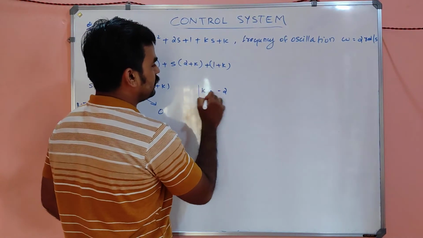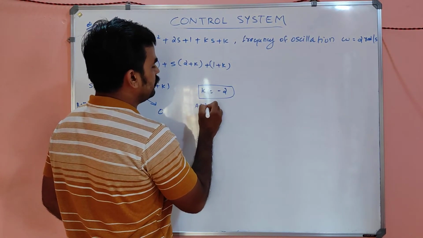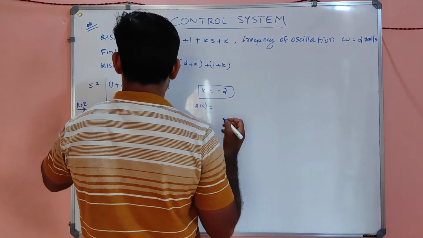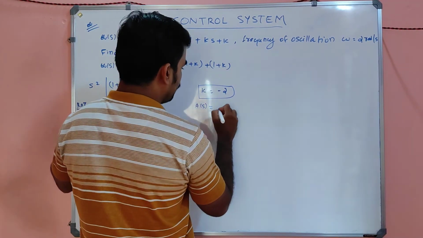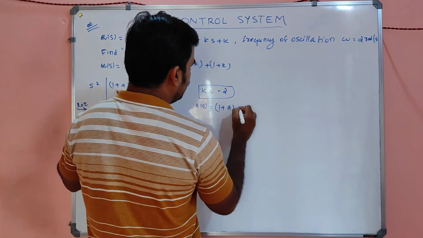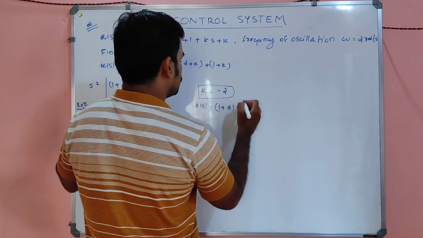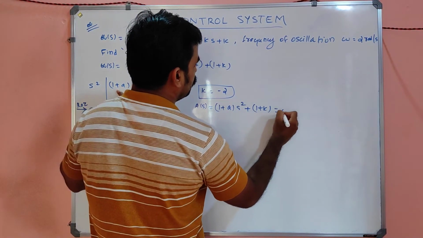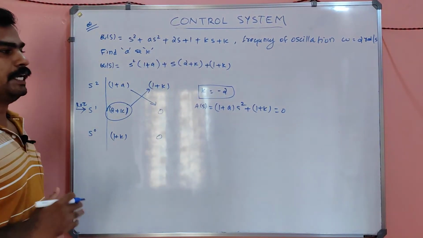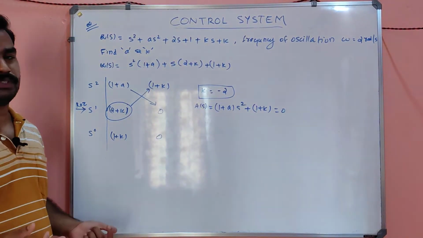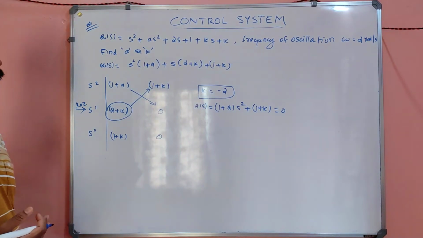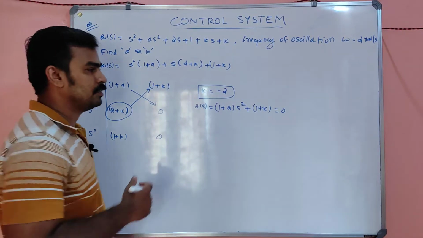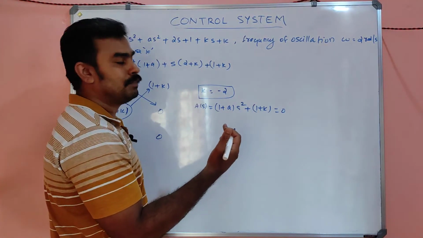So A of s will be equal to (1 plus A) into s square plus (1 plus K) equal to 0. You have to solve A of s equal to 0. You will get the auxiliary equation, and you will get the nature of the poles also.